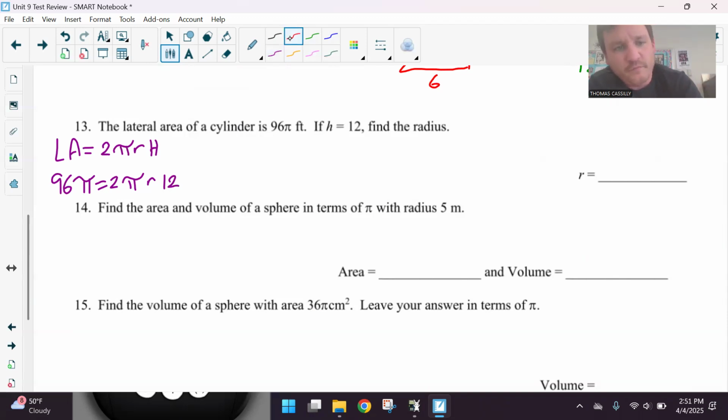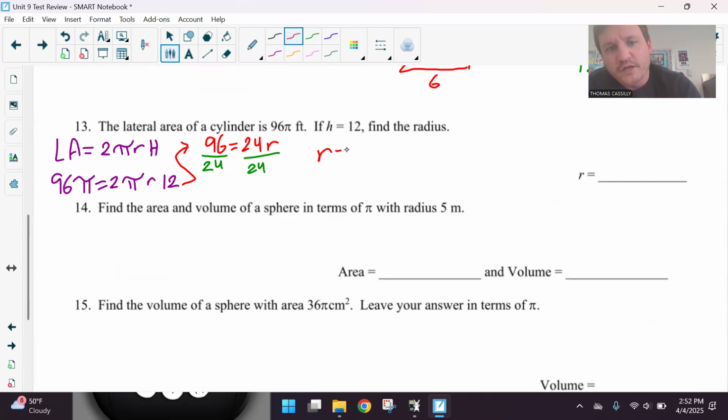Just for this one, we'll go one by one. I'm going to get rid of the pies. I can divide both sides by a pi. So I have 96 equals 24 times the radius, because 2 times 12 gives you 24. The pies are gone, so 96 equals 24 r. And now I'm just going to divide away the 24. Hopefully that's a nice number.